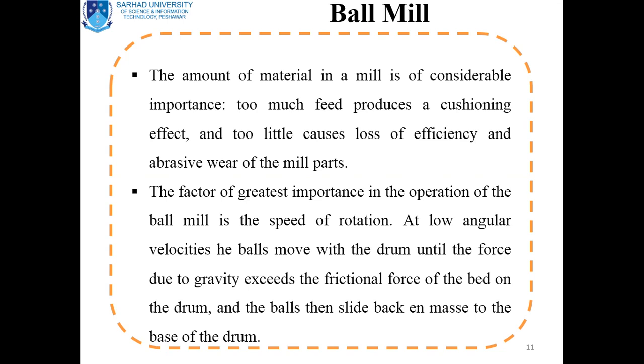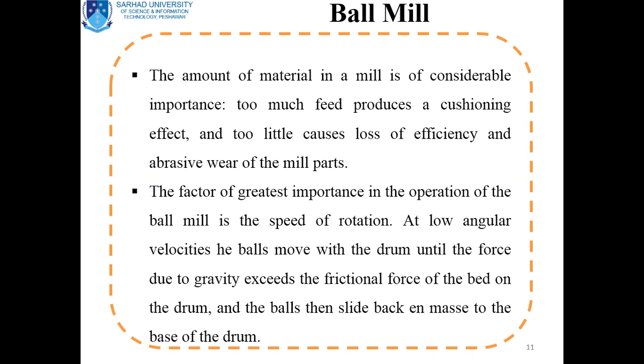If we add too much quantity of feed, what will be the effect? If we add too little quantity, what will be the effect? So the amount of material in a mill is of considerable importance.